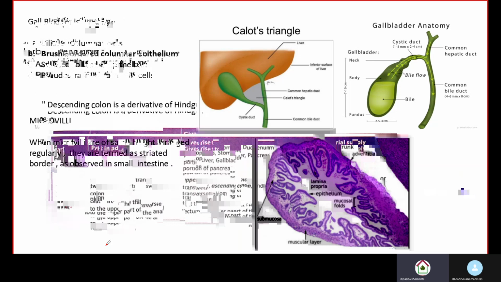Okay, next question. Gallbladder is lined by ciliated columnar epithelium, brush-bordered columnar epithelium, stratified columnar epithelium, or pseudostratified columnar epithelium. So the answer will be brush-bordered columnar epithelium.